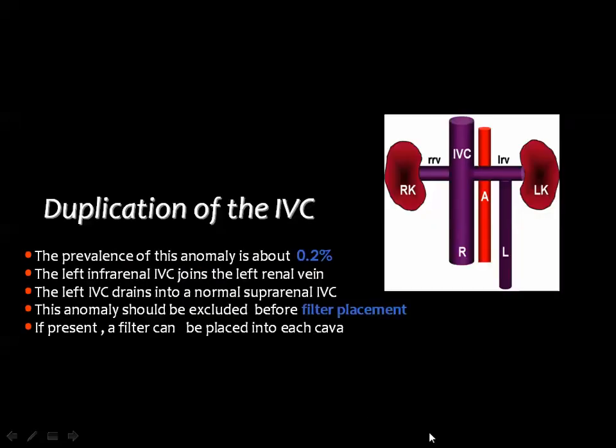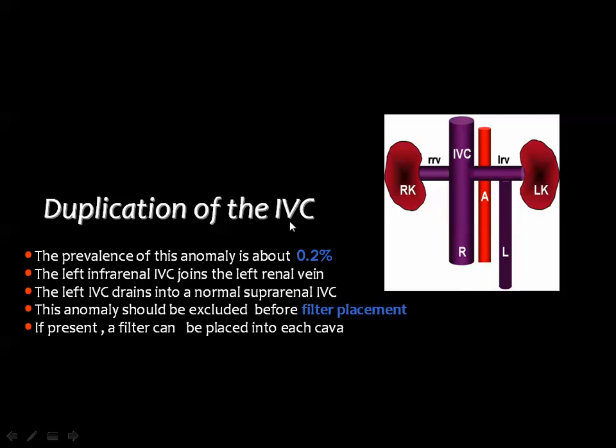And duplication of the IVC is an important finding, especially when filter placement is considered in patients with deep vein thrombosis to prevent pulmonary embolism. The original IVC is located at its normal side along the right side of the aorta.